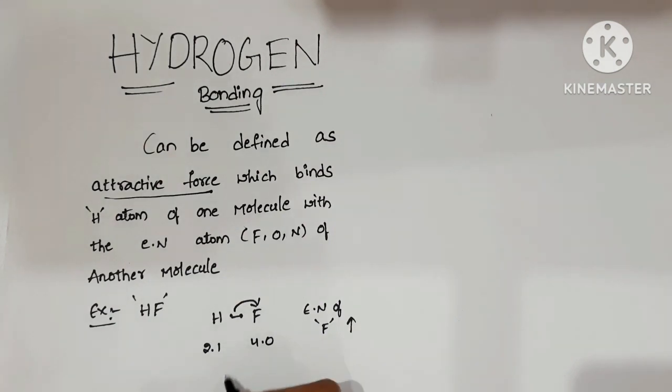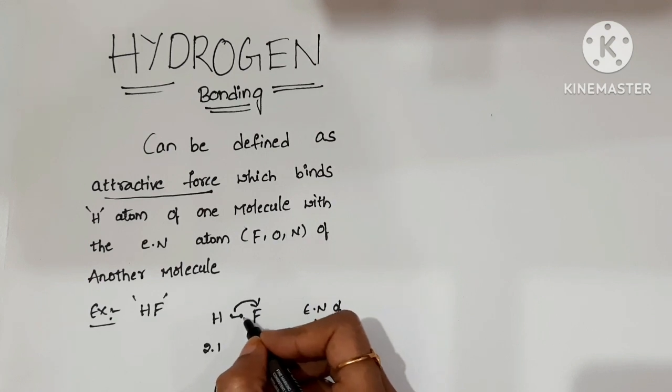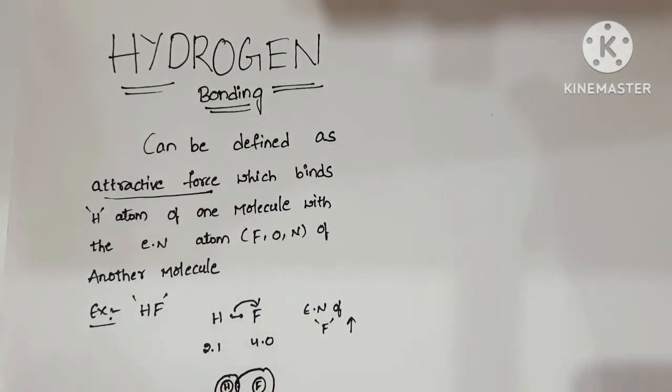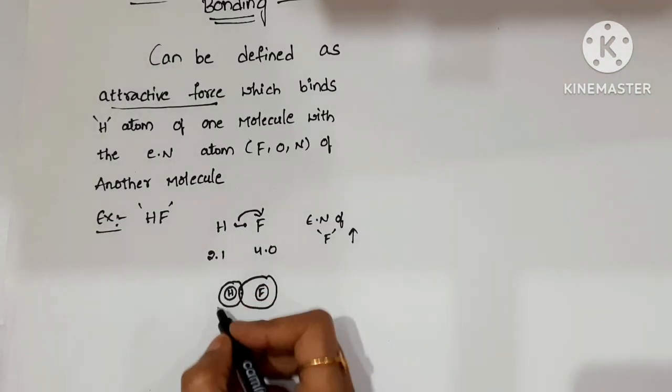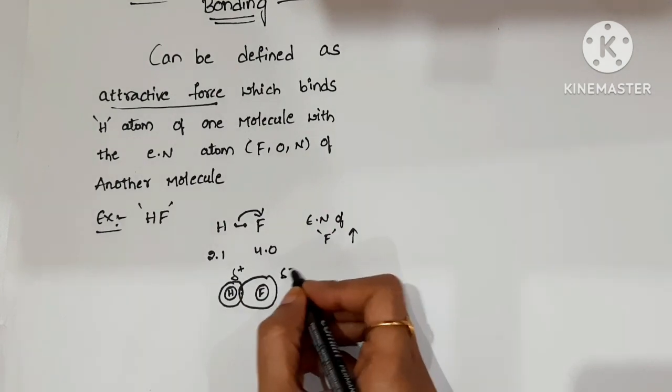So then what happened? Here hydrogen and here fluorine, right? The shared pair of electrons, that means the electron cloud, is shifted towards fluorine. So hydrogen gets positively charged and fluorine gets negatively charged.